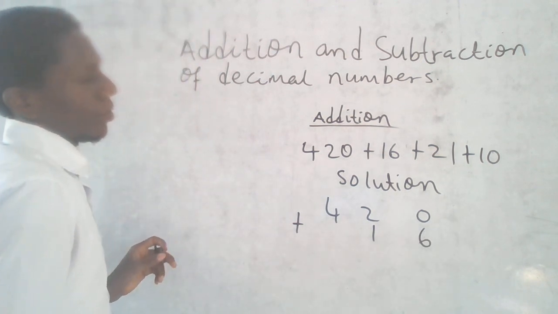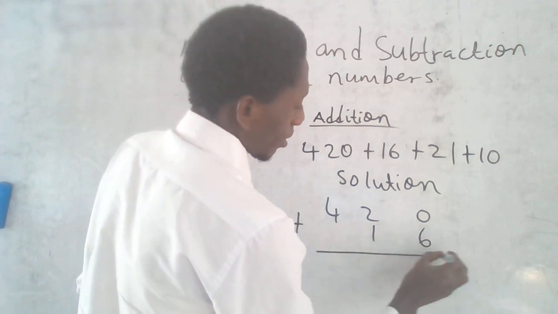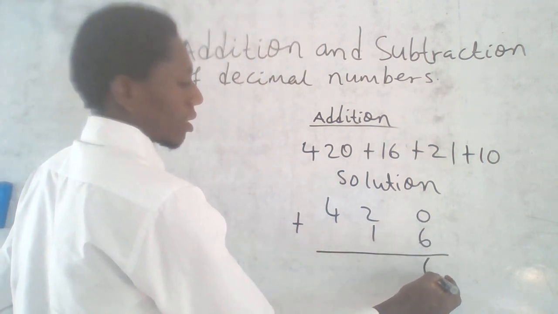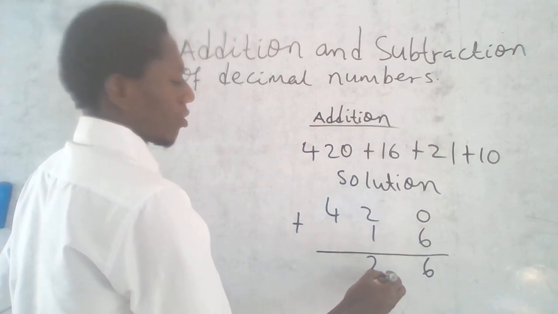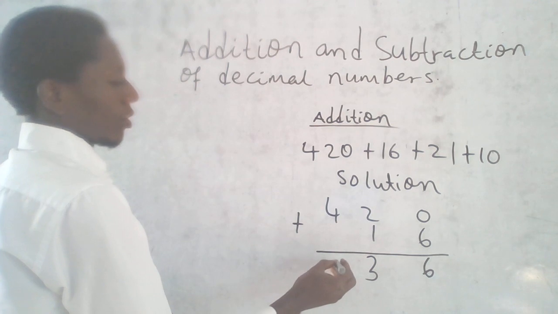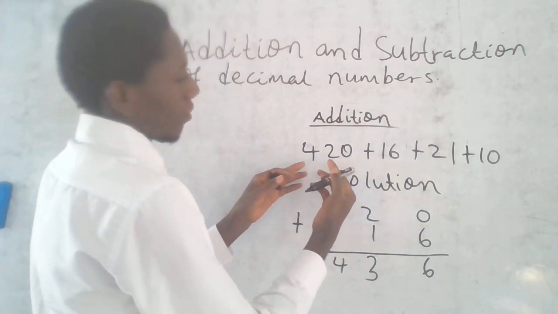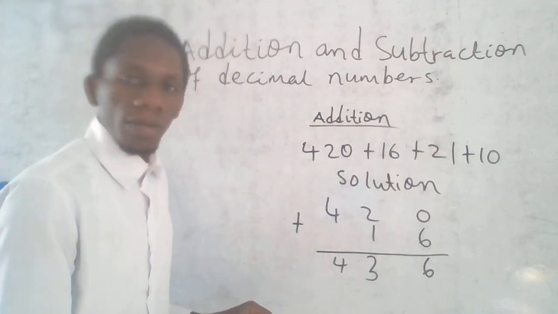Now, there is no offense if you write this. 0 plus 6 is 6, and 2 plus 1 is 3, and 4 plus nothing is 4. So it means you have added 420 and 16 together.